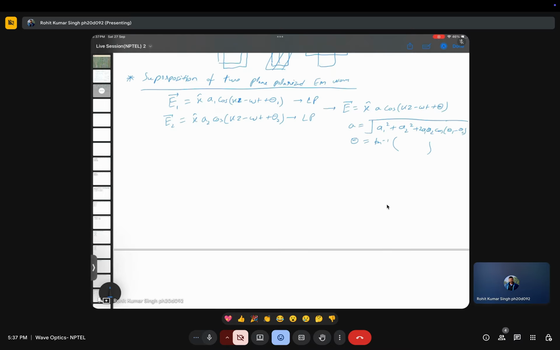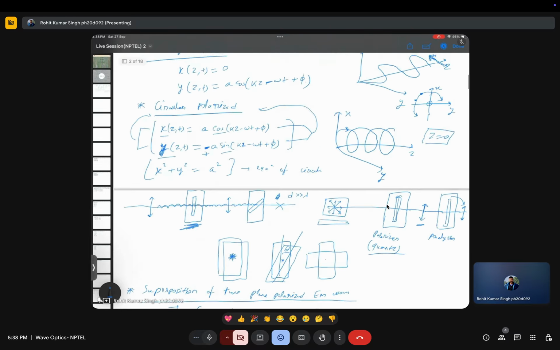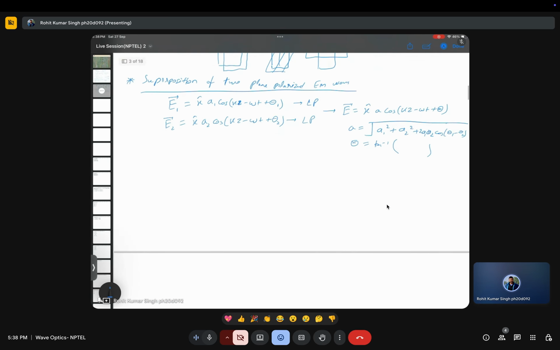Okay, now the interesting thing is, because we saw that if you have the superposition of waves in different directions, then you get something interesting like circularly polarized. So what happens if we have our second wave in a different direction, like in the y direction?